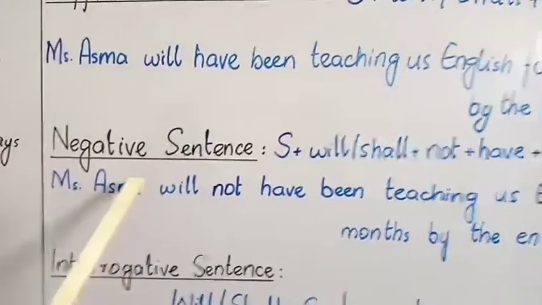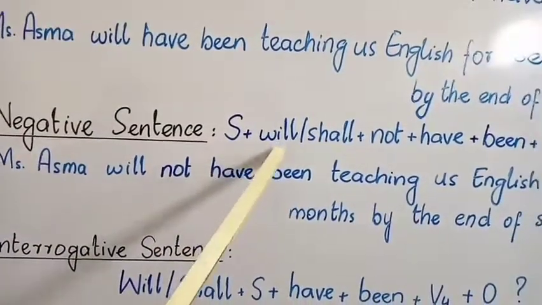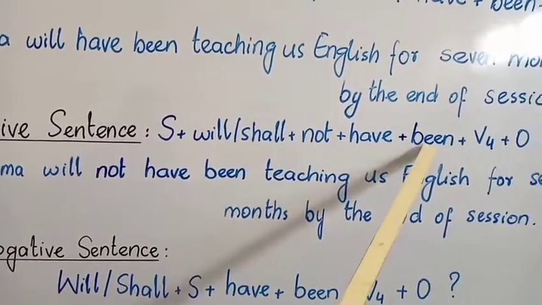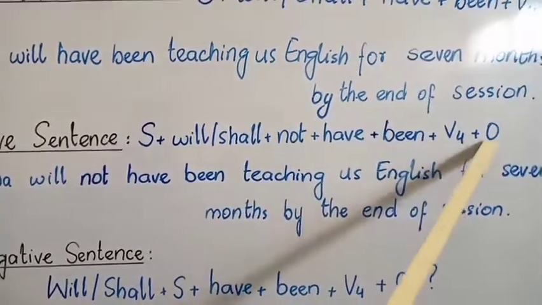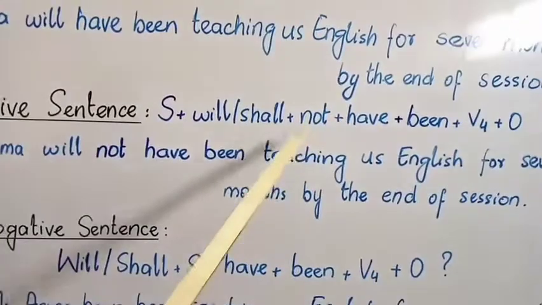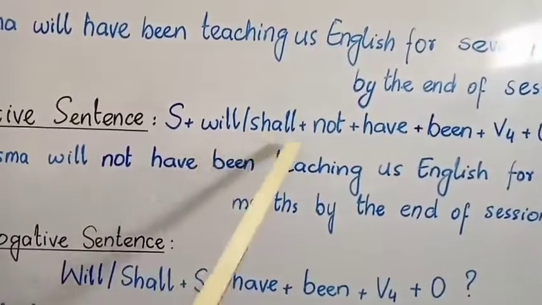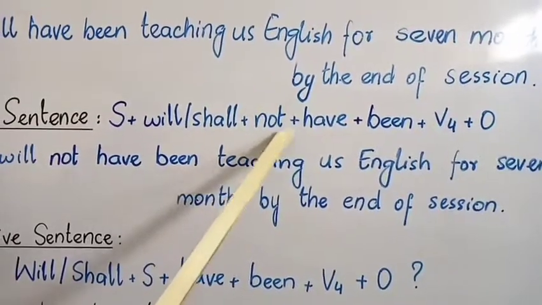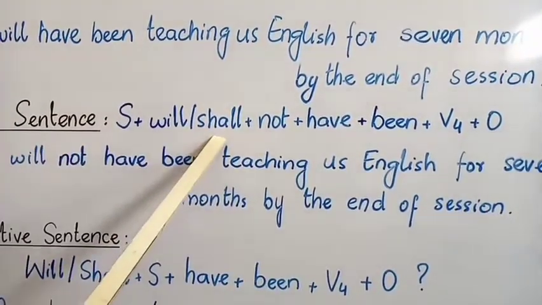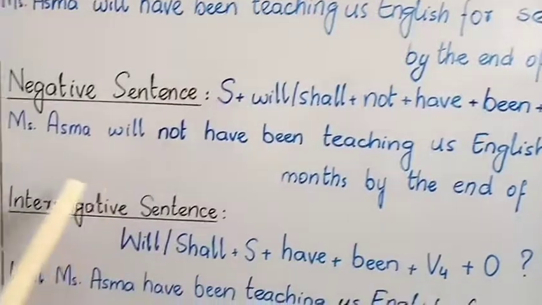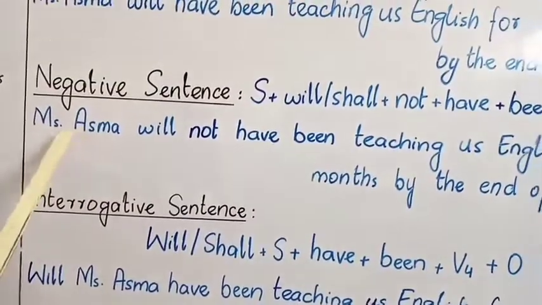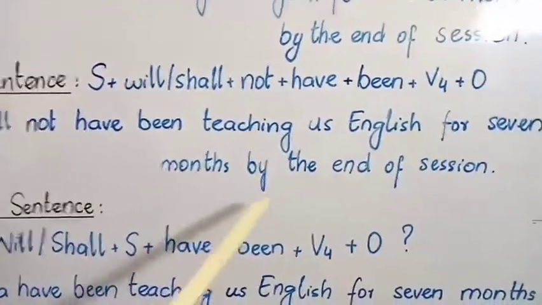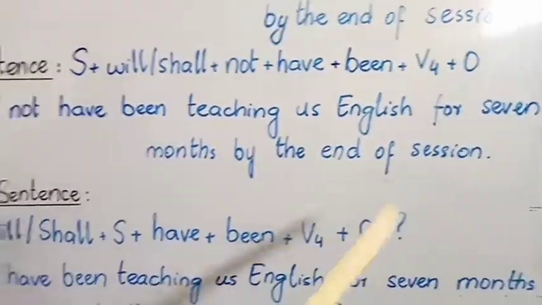For negative sentence, subject plus will or shall plus not plus have plus been plus V4 plus object. You can see that there are 3 helping verbs, will or shall, and have and been, but we are using not after will or shall. So remember this. The example is, Miss Asma will not have been teaching us English for 7 months by the end of session.